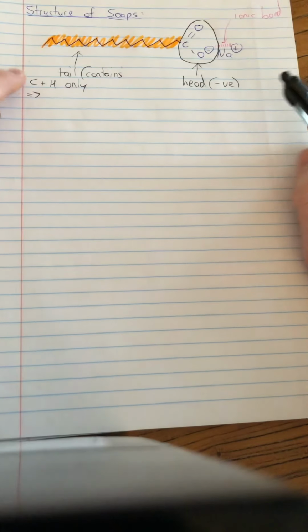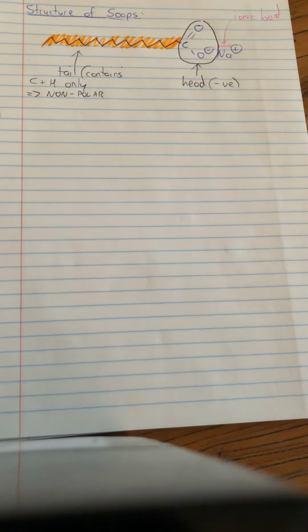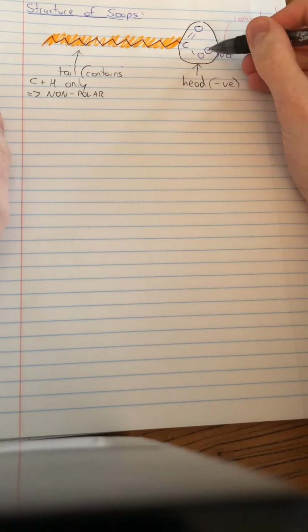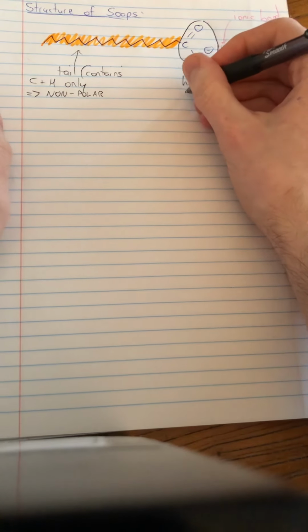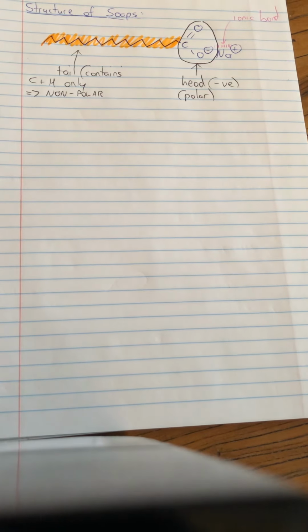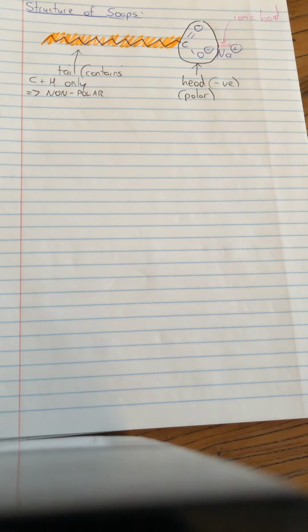Carbon's got an electronegativity of 2.5, hydrogen's got an electronegativity of 2.2, the difference is 0.3, that means that the tail is going to be non-polar. The head, because we've got this negative charge here, is going to be polar. So the structure of the soap molecule is a non-polar tail and a polar head.